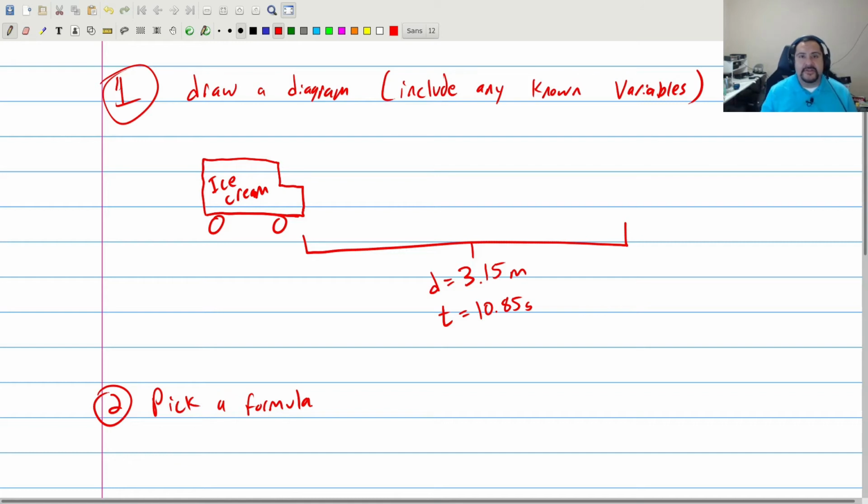One for average velocity and one for average speed. In this case, we only want to know how fast it's going, and we aren't really interested in the direction that the ice cream truck is going. We know it was coming toward the camera. So because of that, we're just going to find the speed. So I'm going to use the formula for average speed. V average is equal to D over T.